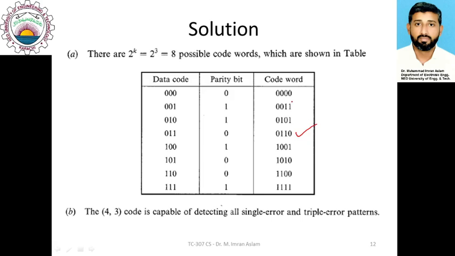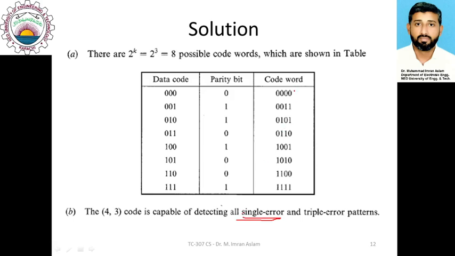Or say this 1 becomes 0, in that case the total number of ones would again be an odd number. So having an odd number of ones would indicate that there is an error in the transmission. So whenever we have a single error, that single error would be detected by the receiver.